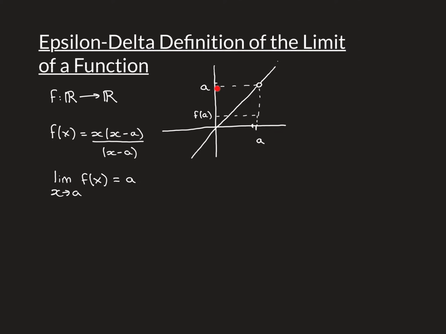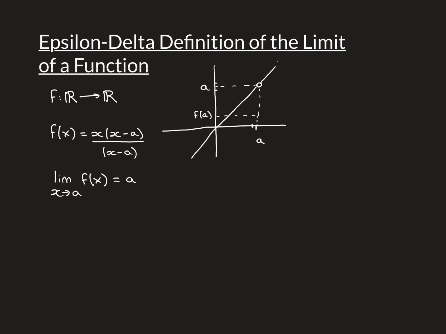So what you can think about doing, and indeed we'll formalize this in a moment, is putting a little epsilon interval around a, and of course we can make epsilon indefinitely small. That's going to form part of our definition, this epsilon-delta definition.